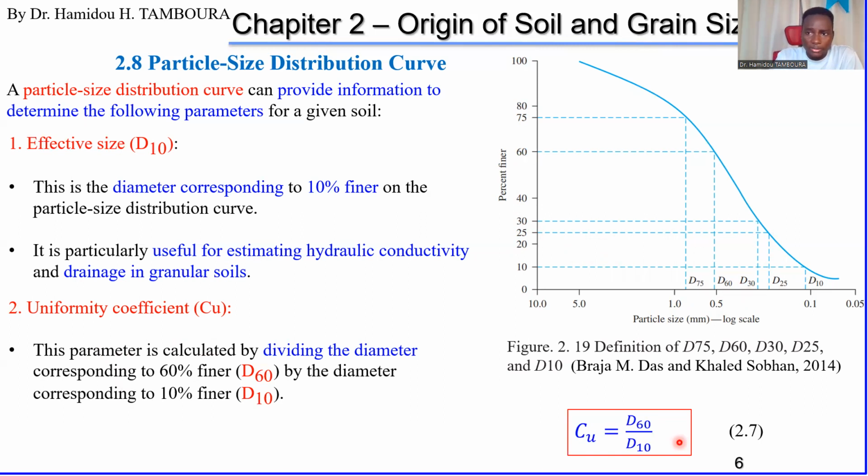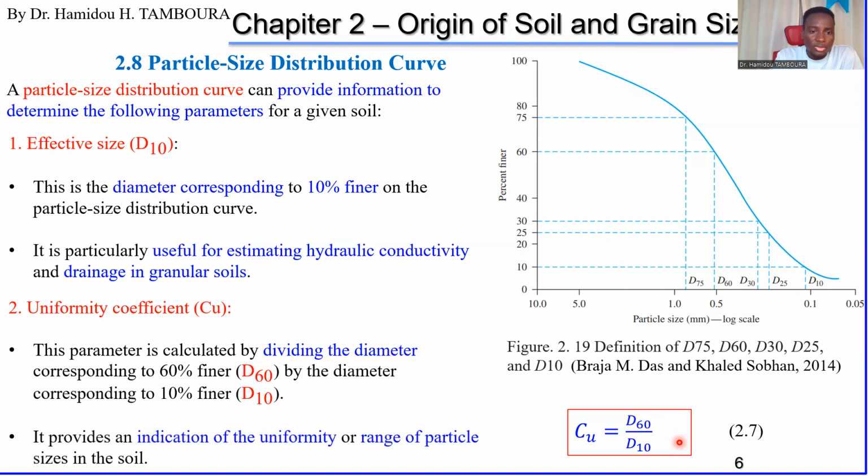By that I mean the particle sizes in the soil. So it indicates the uniformity, or again, the range of particle size. Okay, so this is the second piece of information we can get from this curve.